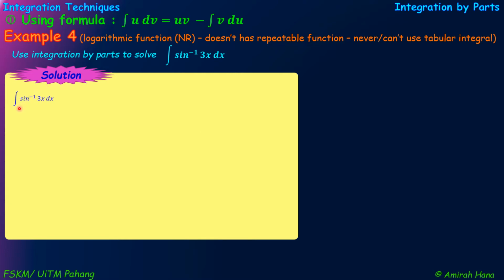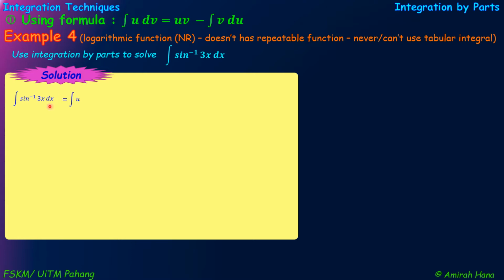From the given question, integration of inverse sine 3x dx, we are given a single function, inverse sine 3x, to integrate. To integrate a single function, the single function is chosen to be u, and dx will become dv. Note that dx is always included in dv.